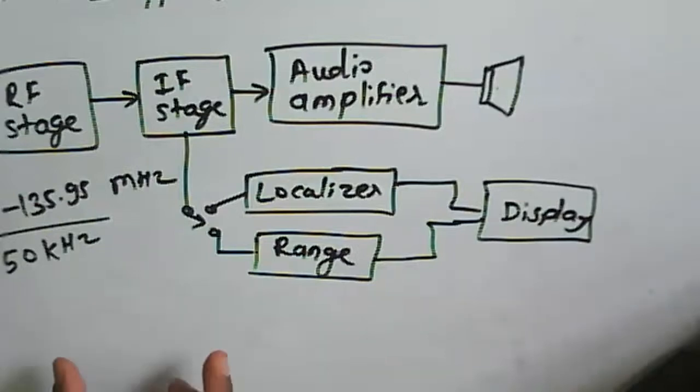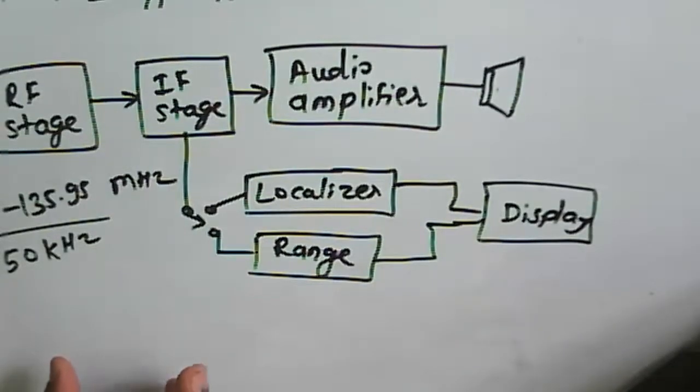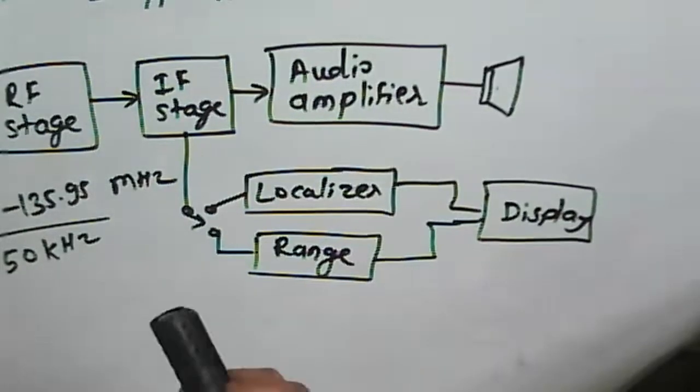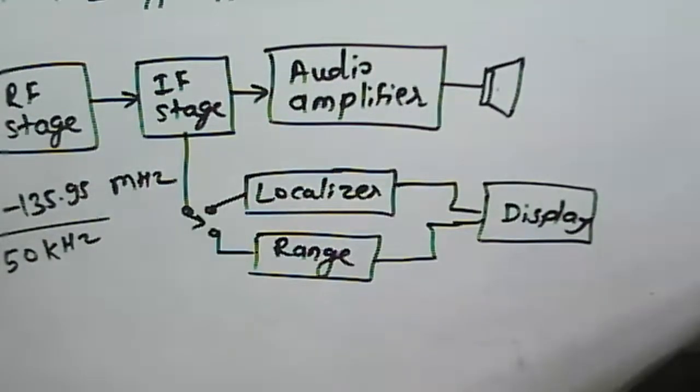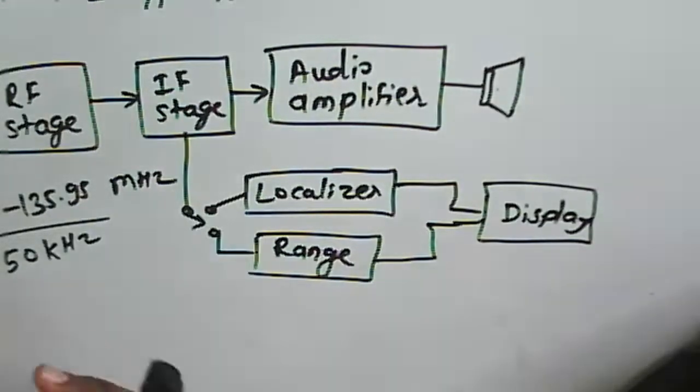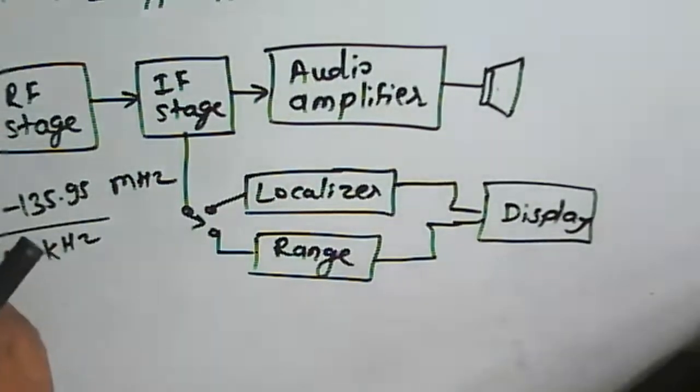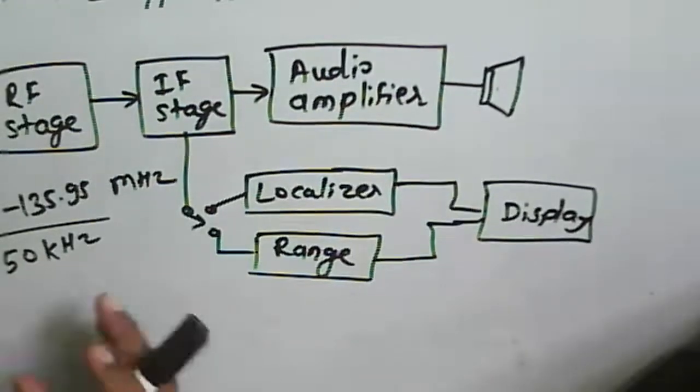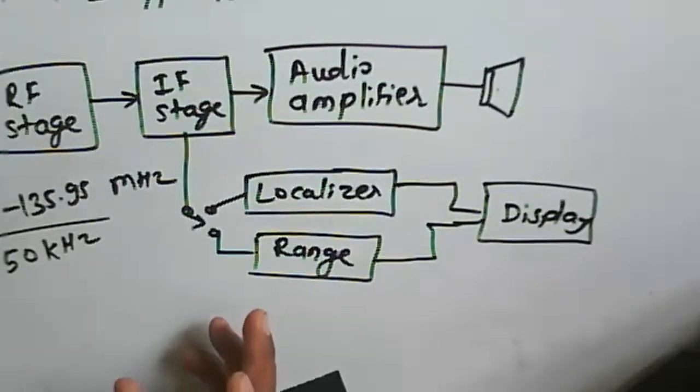And this VOR is about range. The range depends on the aircraft signals and all. Mostly it can be useful for a large number of aircraft, say 100 aircraft and all. So VOR provides you the distance there.